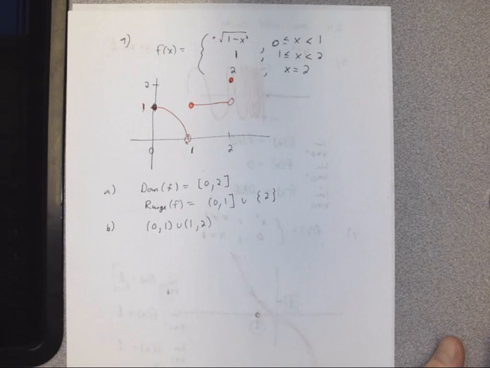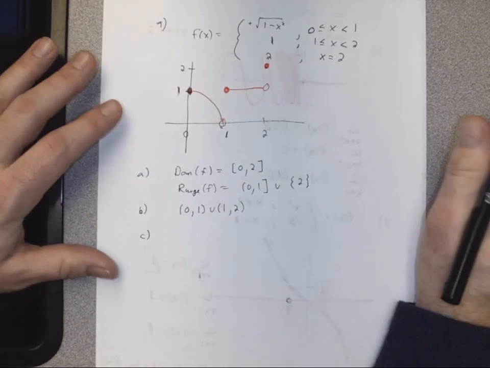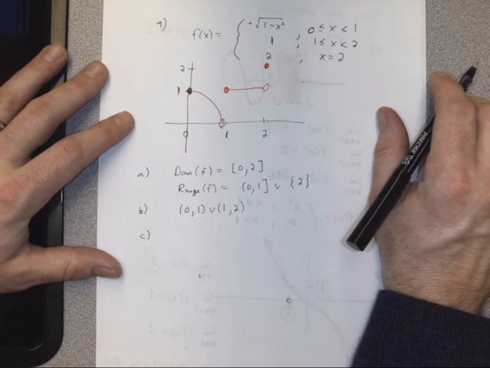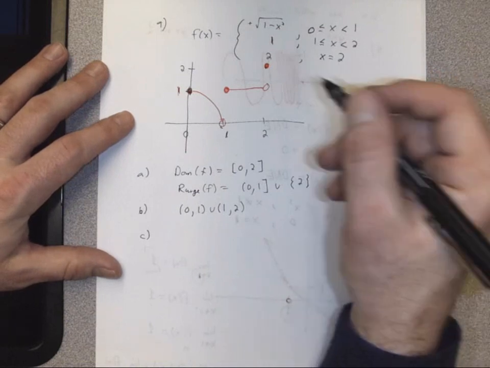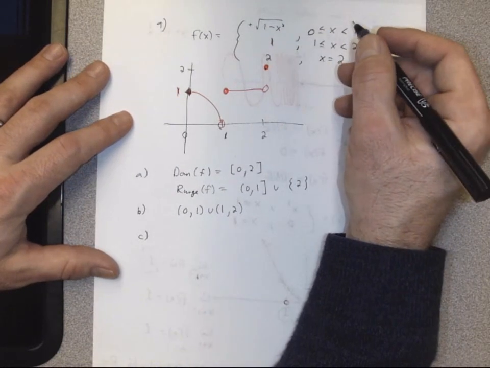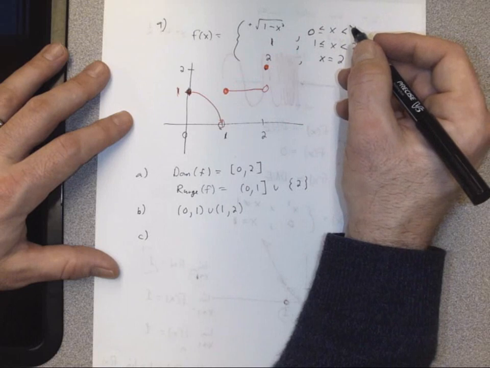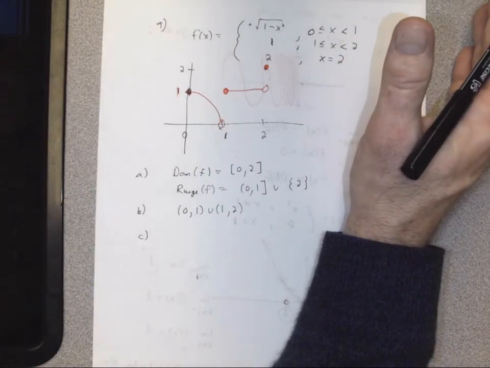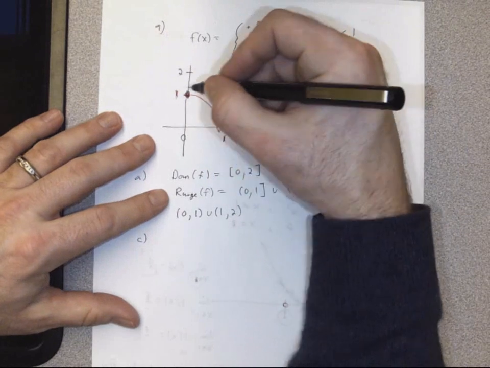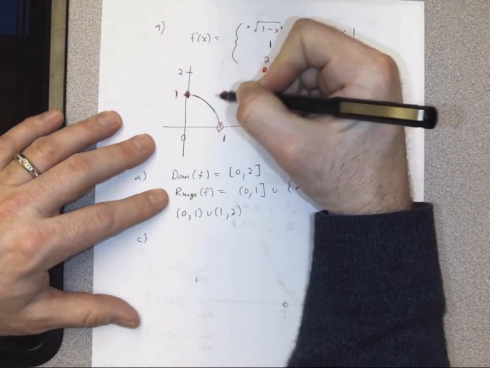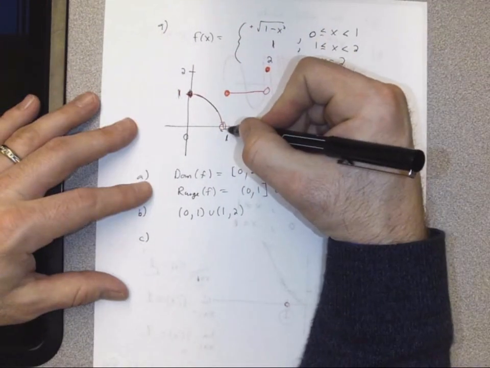Let's see. At what points does the left-hand limit exist, but not the right-hand limit? Oh, that's good. So this is the question I kind of was getting to. So what has a left-hand limit, but not a right-hand limit? Remember, a left-hand limit means coming from the left. So as I come from the left, one point right here would be suspect.